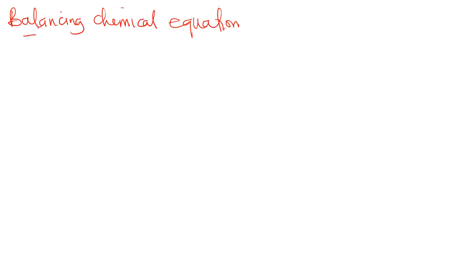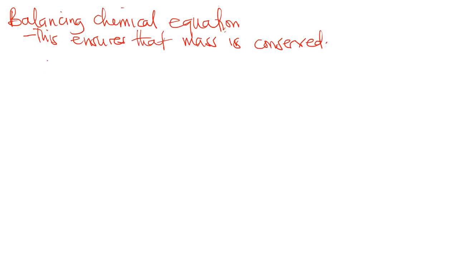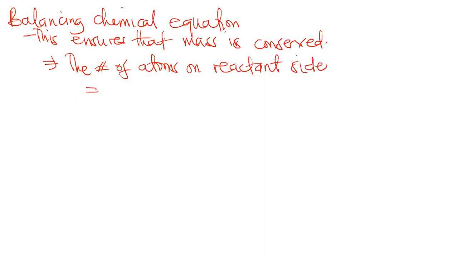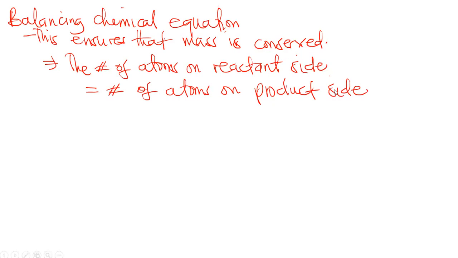So this ensures that mass is conserved. That's the purpose of balancing chemical reactions, which means the number of atoms on reactant side is equal to the number of atoms on product side. So that's the purpose of balancing a chemical equation.